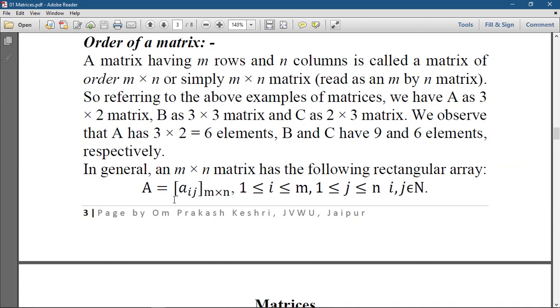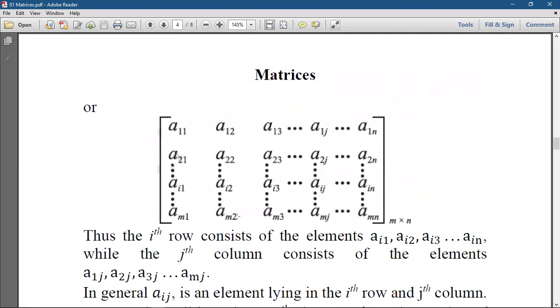The above notation is the mathematical notation, and the detail of this notation will be shown in this figure: a11, a12, a13, dot dot dot, a1j, dot dot dot, a1n.